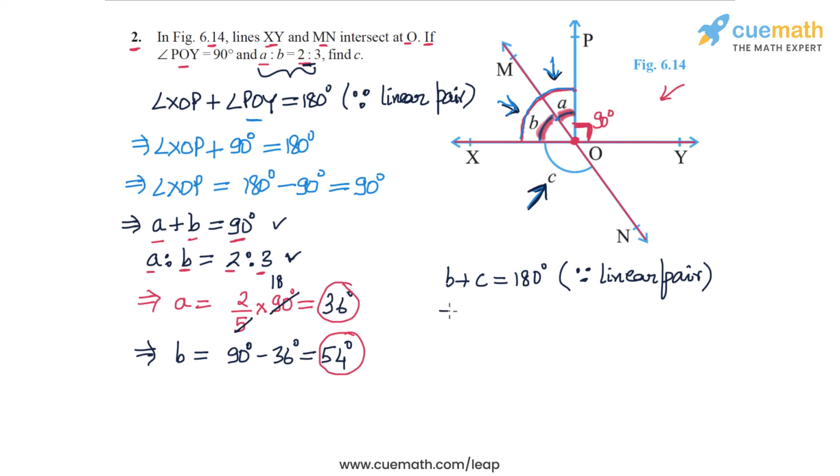So B plus C is 180 degrees, and this means that C is 180 degrees minus B, and we know the measure of B. So 180 degrees minus 54 degrees, or 126 degrees. So the measure of angle C is 126 degrees. So the answer to this question is that C is 126 degrees, and that completes question 2 of this exercise.